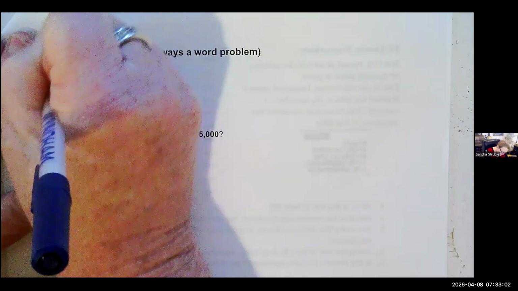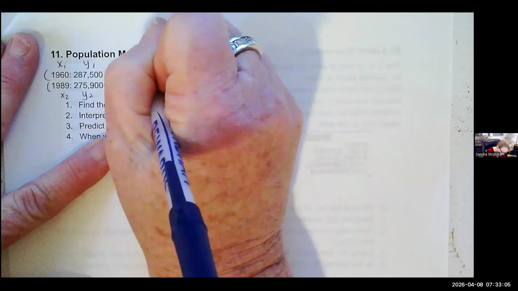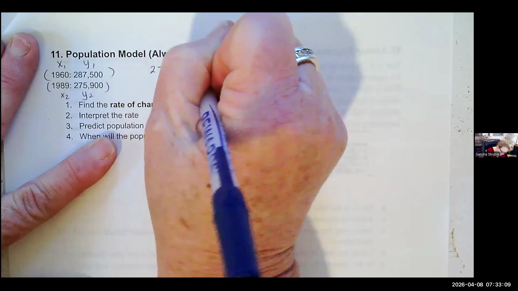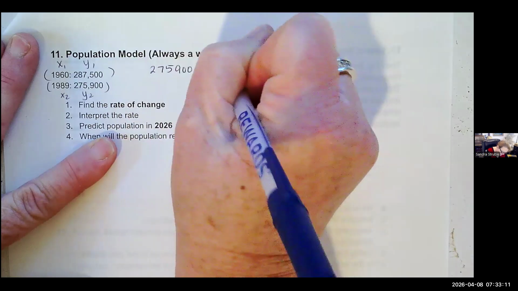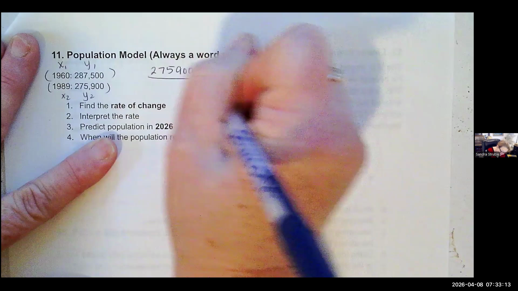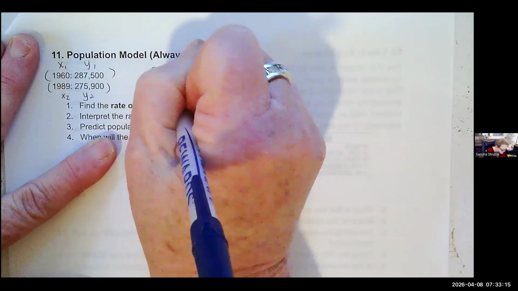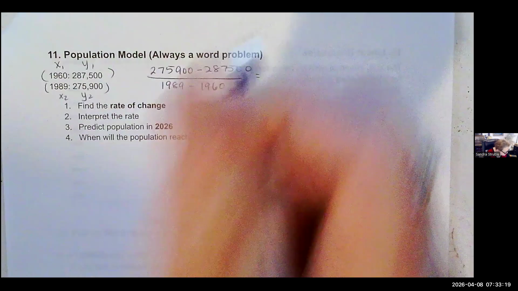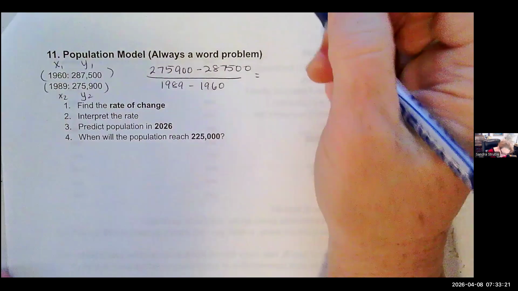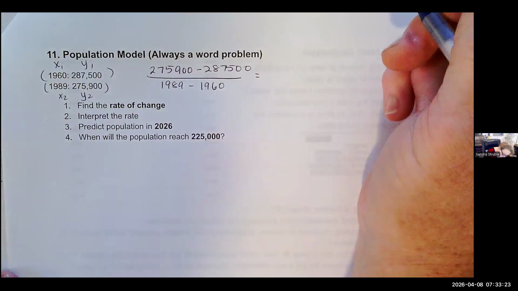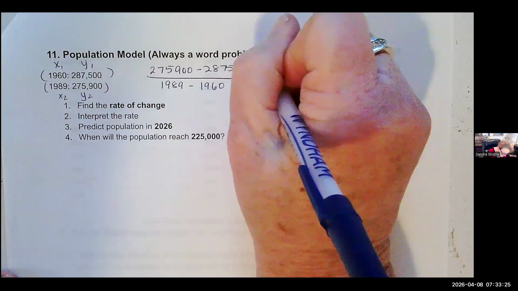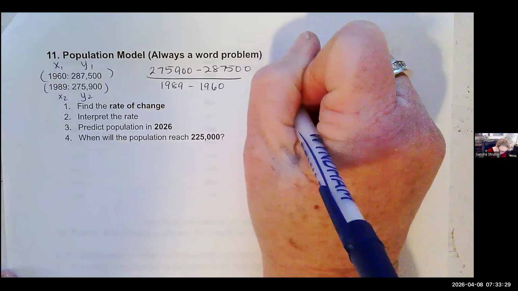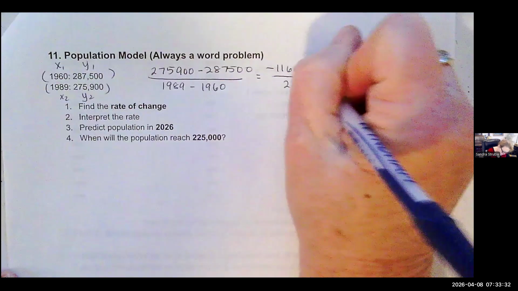And it's y sub 2 minus y sub 1 over x sub 2 minus x sub 1. So this becomes negative 11,600 over 29, which is negative 400. So my rate of change is negative 400.